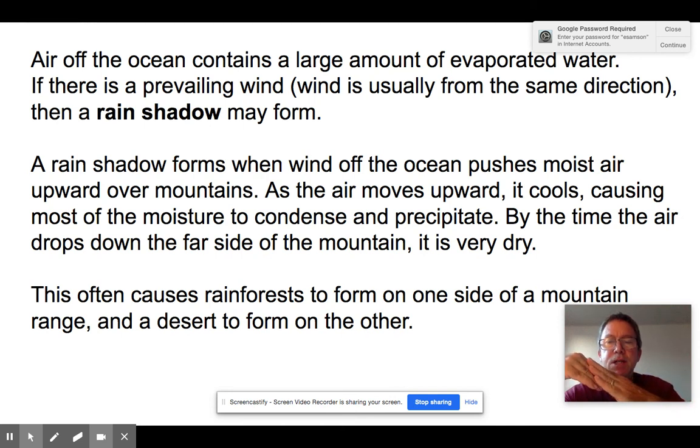But what happens is, as it goes up this way, it cools and it condenses and it causes precipitation, and then it loses all of its moisture. And as it comes over the other side, it no longer has any moisture, and it's very, very dry air. And that dry air then causes a drying of the ground around it, and that leads to the formation of deserts or grasslands immediately on the downwind, or what we call leeward side of the mountains.